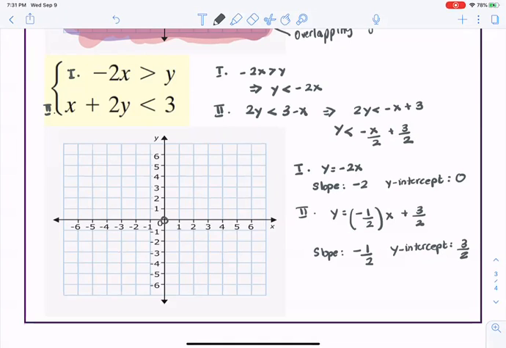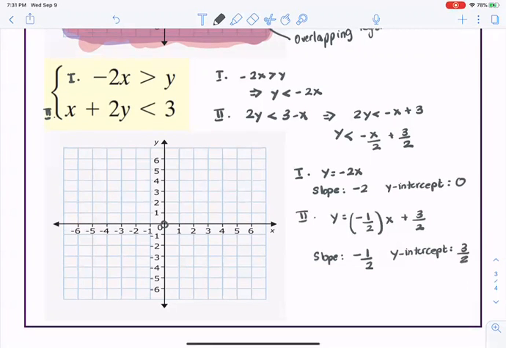The slope is negative 2, which would mean the second point would be there. And clearly, this is a decreasing line.